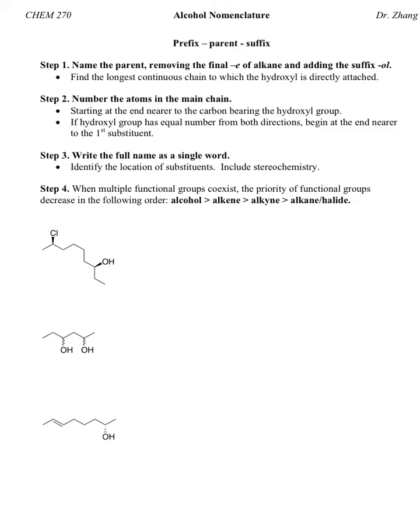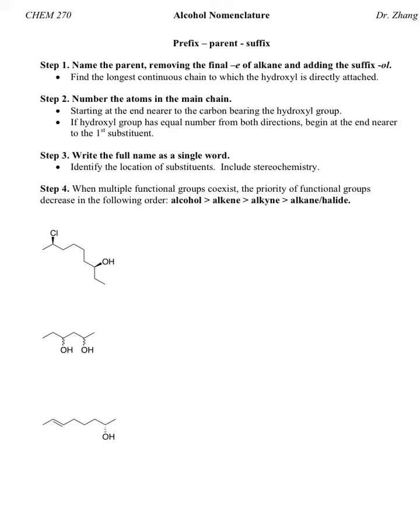The first compound we see here contains two functional groups, a chloride and an alcohol. The alcohol is of higher priority than the halide, therefore we're going to name this compound as an alcohol. The OH group is directly bound to this carbon, and we want to make sure the carbon bearing the functional group has the smallest possible number.